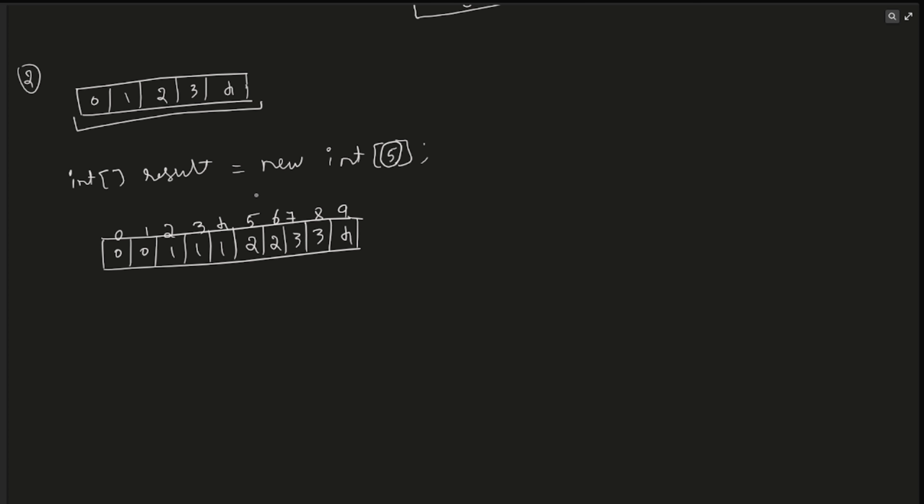Again, to fill out the new array, we will be starting a for loop from this. Initially, we will be inserting this unique element to the result. How we can do that? We can easily insert result dot length minus 1 equals arr of arr dot length minus 1.